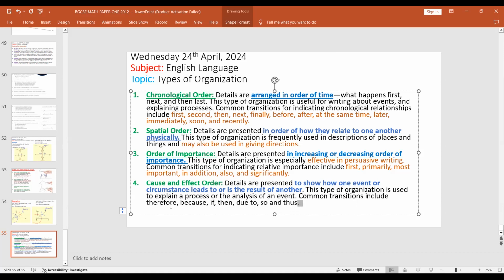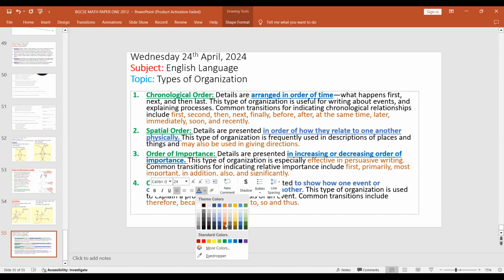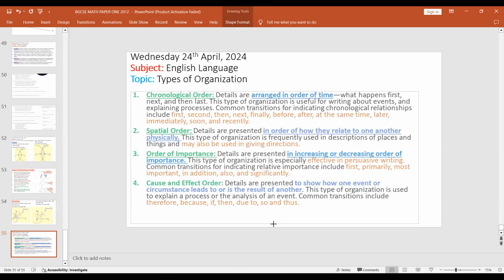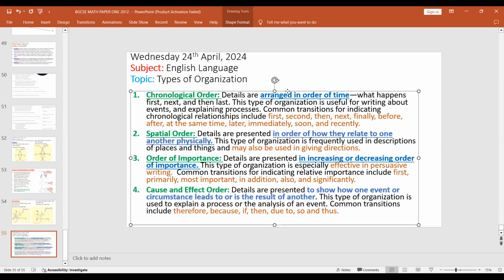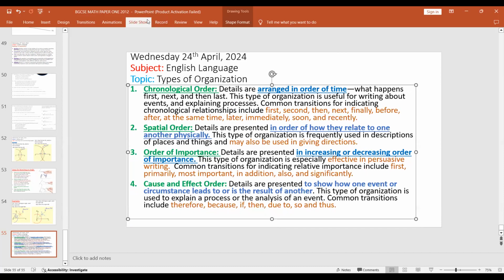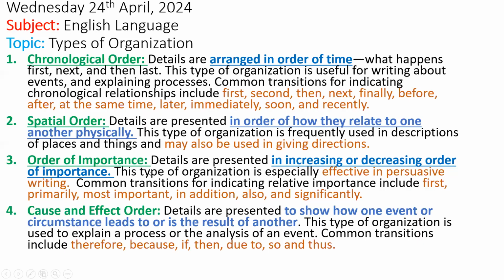So therefore, because, if, then, so, and thus. Right? So those are the types of transitions that we could have for cause and effect.